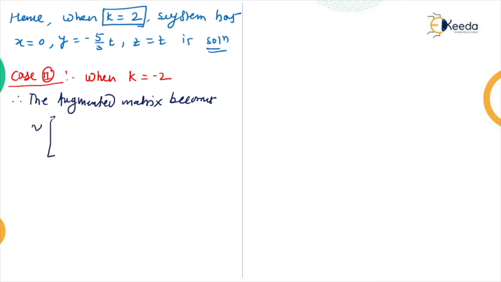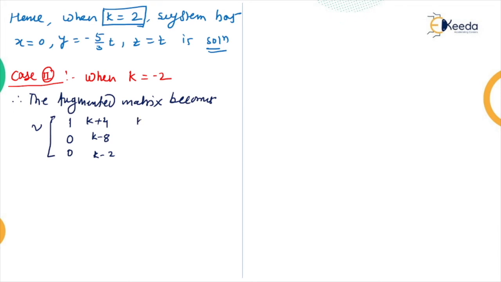I am writing it once again: the augmented matrix of a system written after substituting the value of k. So this is very simple. 1 0 0, then the next column is k plus 4, k minus 8, k minus 2.